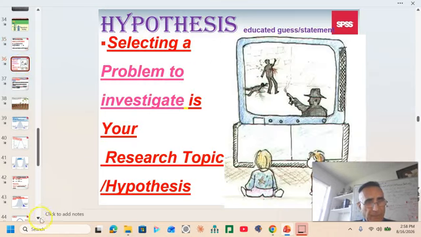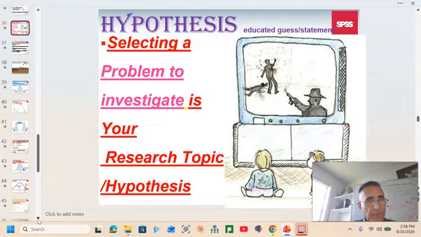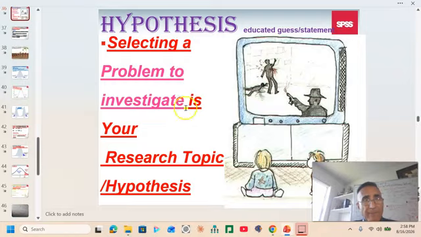So here are some examples of research. Again, a hypothesis is really an educated guess or statement. So selecting a problem to investigate is your research topic or hypothesis.